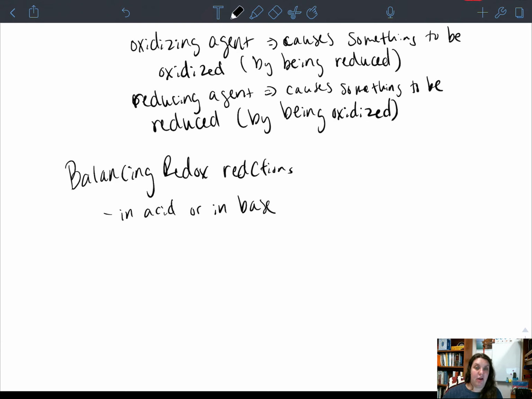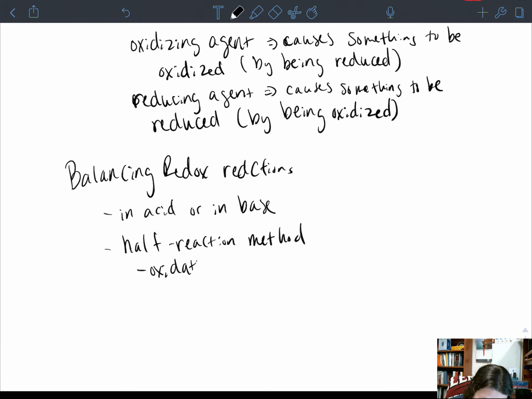Okay, so we're going to use the half reaction method, where we divide our reaction into the oxidation half and the reduction half. And pretty easy.